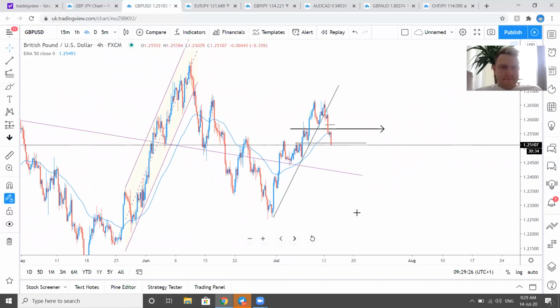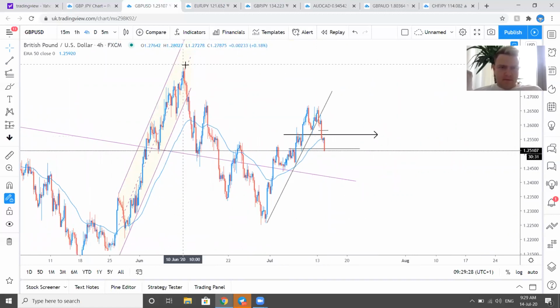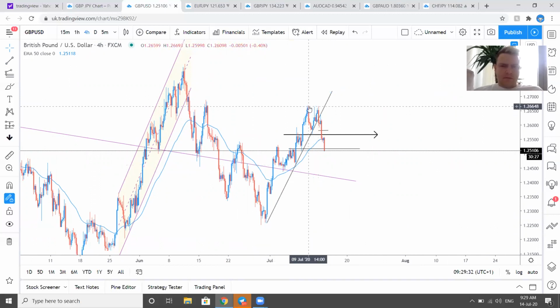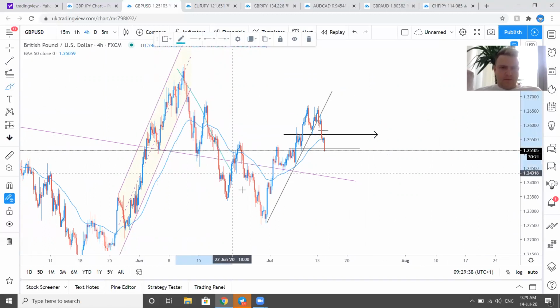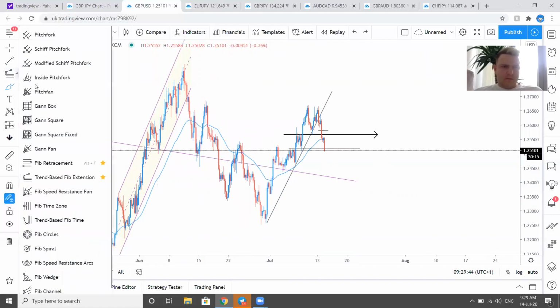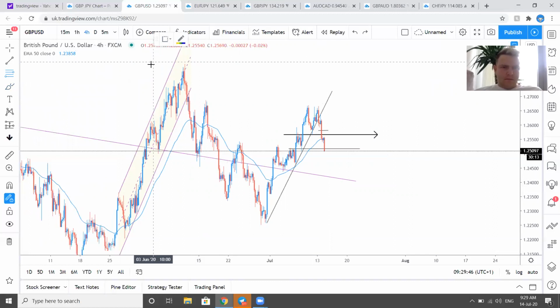So we've got a high and a low, and what appears to be a lower high forming here. Now we want to see, has this respected a fib level?